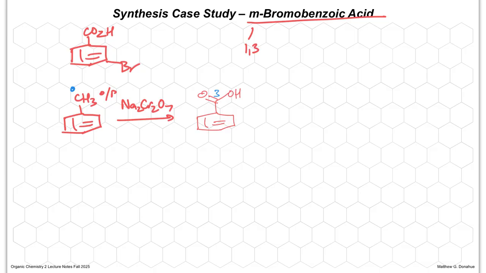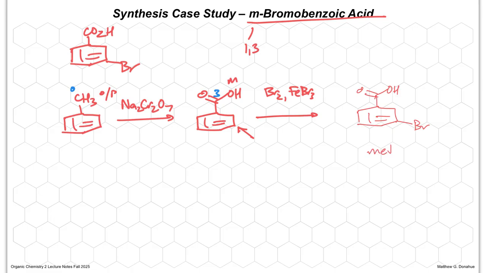What it also does is flip the reactivity. So now this is a meta director, so the bromine has to go there. And then we do the bromination, and we end up with that 1-3.